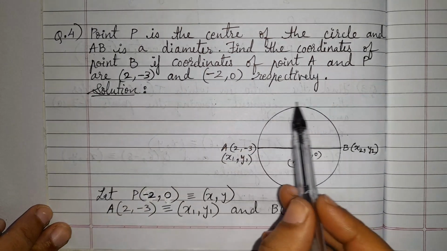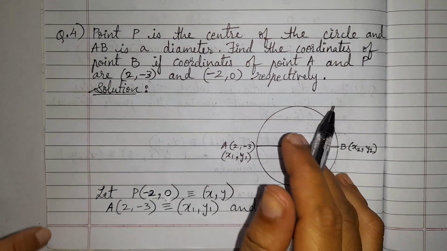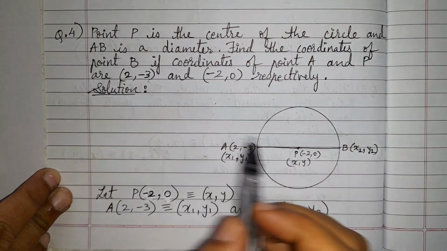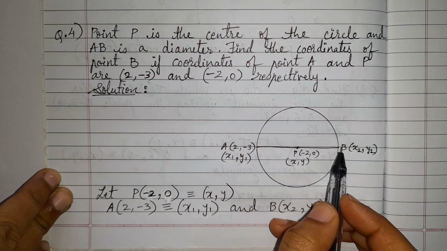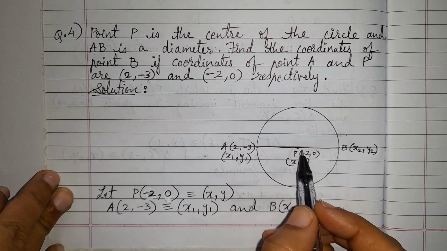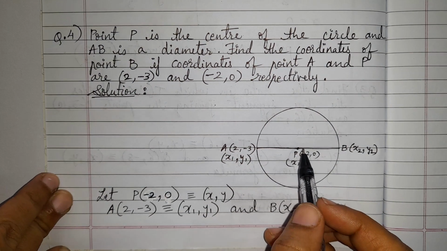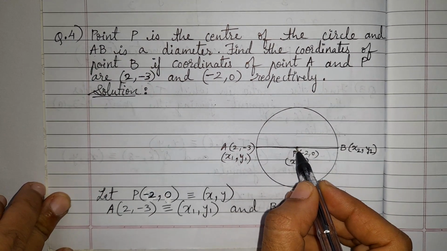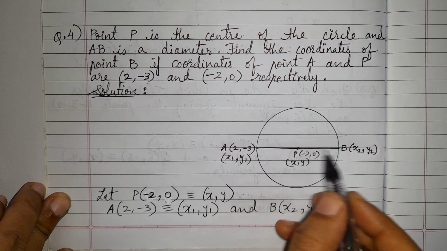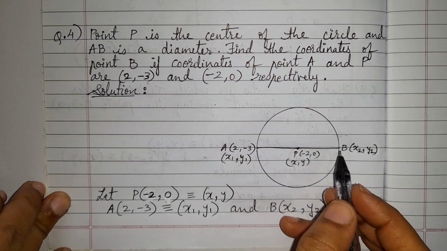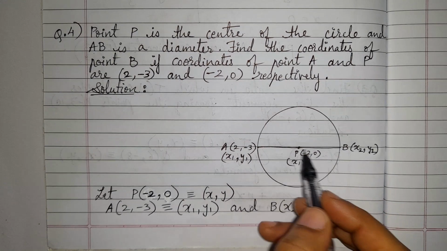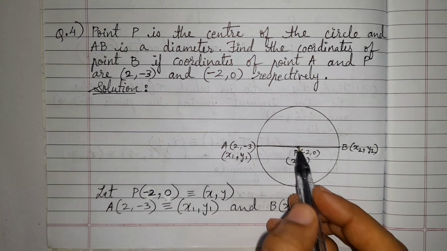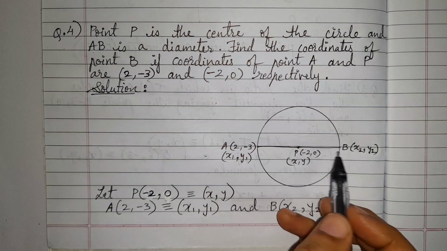According to this question, I have drawn the figure here where points A and B are the end points of the diameter and point P is the center of the circle. Therefore, this point P divides the segment AB into equal halves. Each half is known as the radius. So we can say that point P is the midpoint of segment AB.